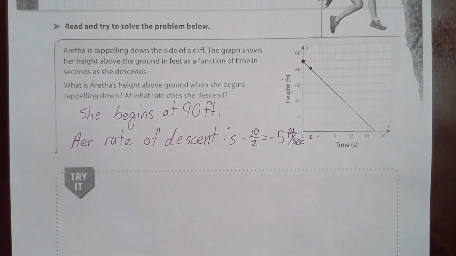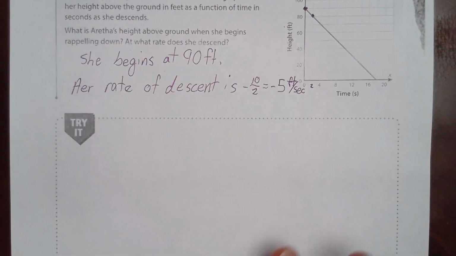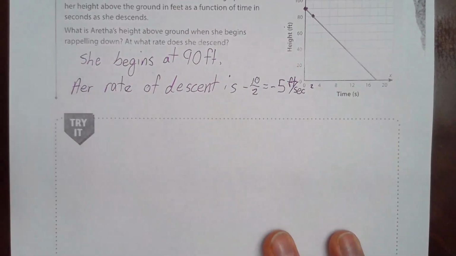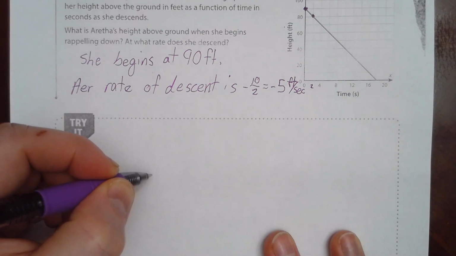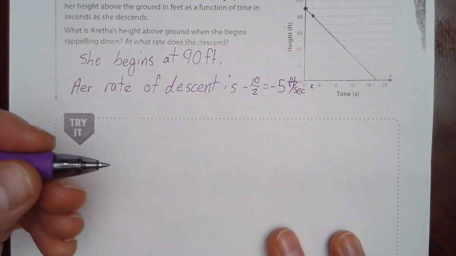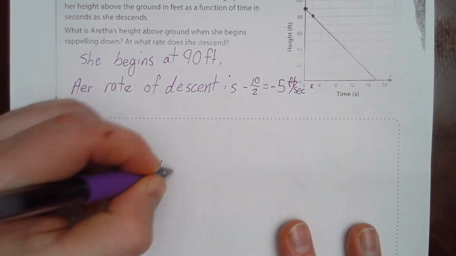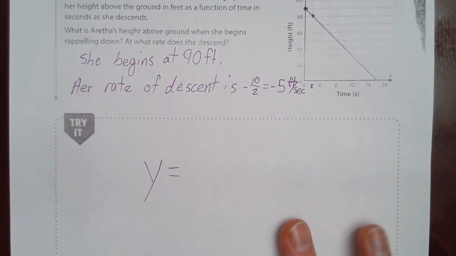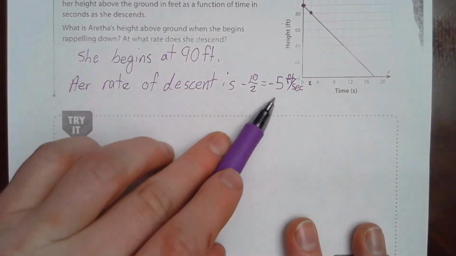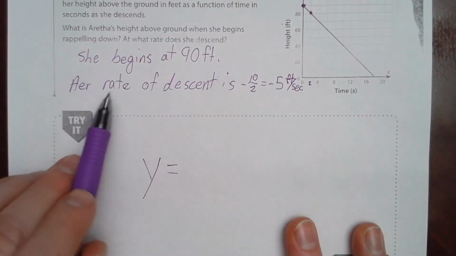So you know that this is going to be in slope-intercept form. And we've already got all the information that we need to be able to write that equation. So I'm going to do it nice and big down here because I'm going to write some additional notes about this. I'm going to say y equals, of course, our slope is going to be this rate, right?